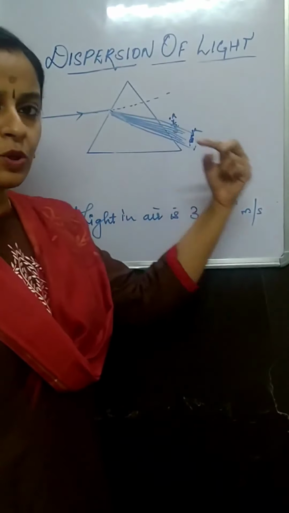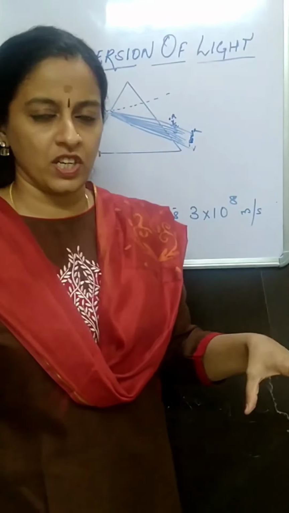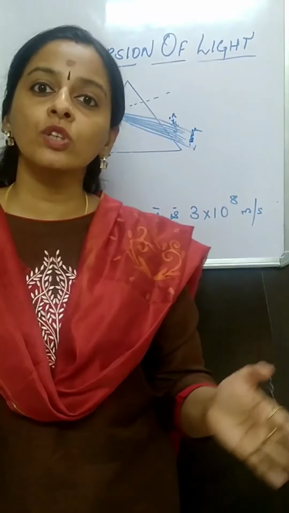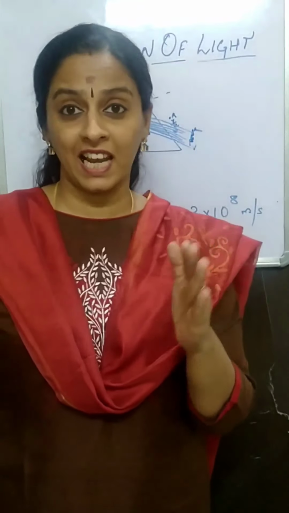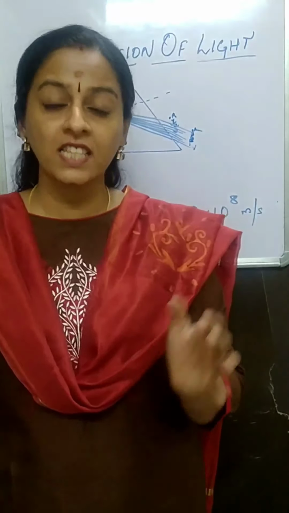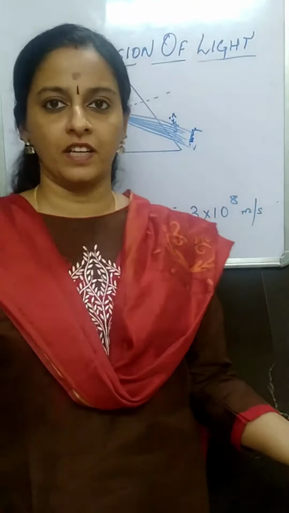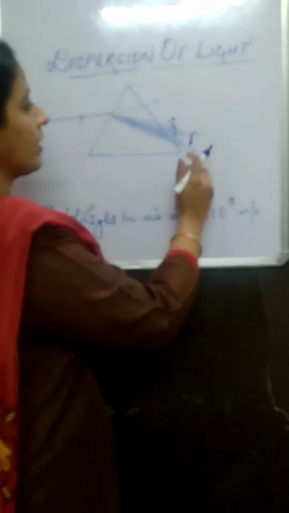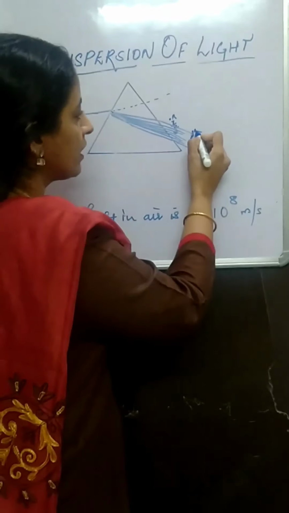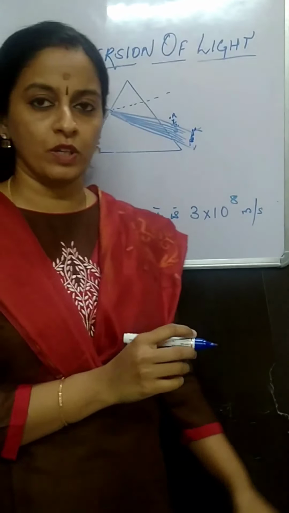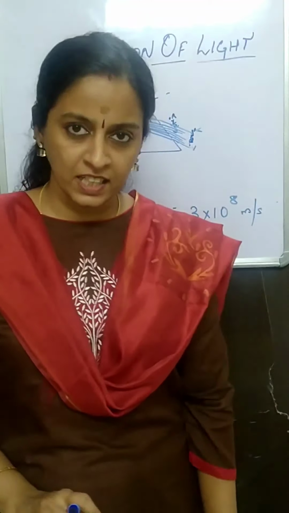Again from the prism to air, second refraction. And this happens because the speed of different colors of light in the medium is different. Understood? So, violet will have a different speed, red will have a different speed, so they bend at different angles.